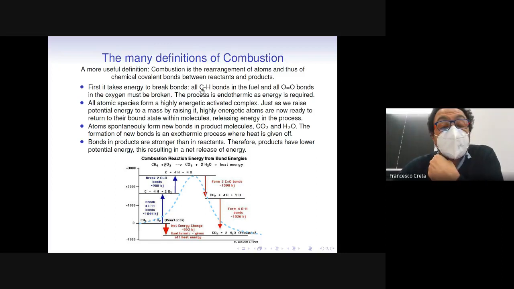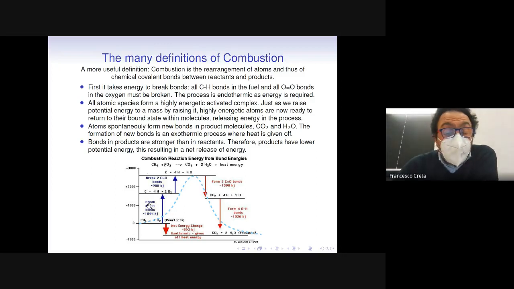For example, the CH bonds in the fuel will be broken, and the OO bonds in the oxygen must be broken. Clearly, you need energy from the outside to do this. So it's a so-called endothermic process. It requires energy from the outside.